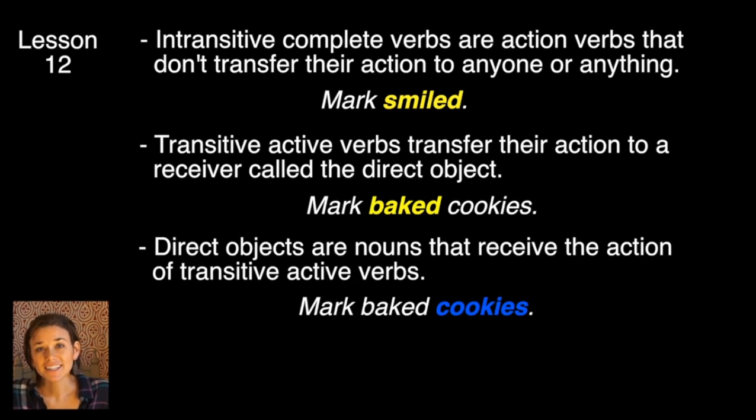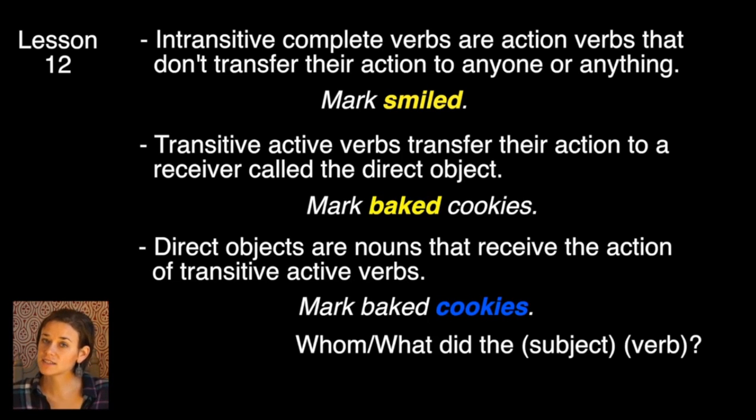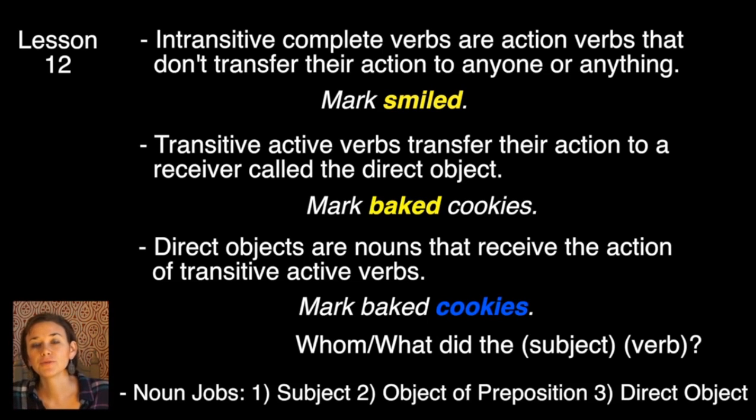The direct object is a noun or pronoun that receives the action of a transitive active verb. The direct object question is whom or what did the subject verb? And you learned about 3 noun or pronoun jobs: subjects, objects of the preposition, or direct objects.